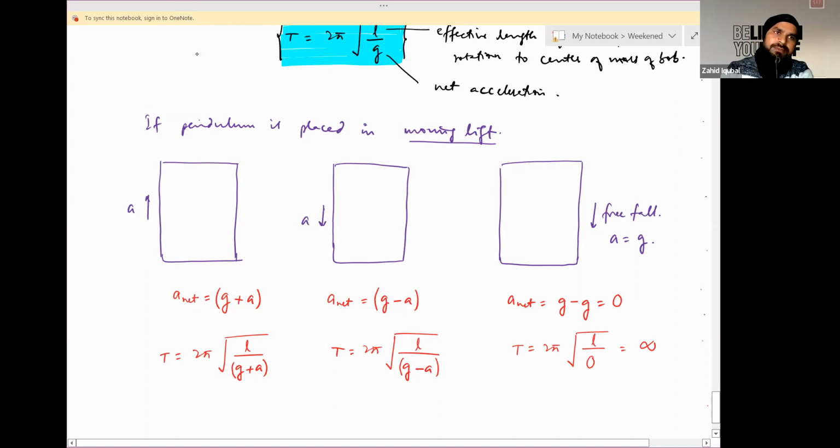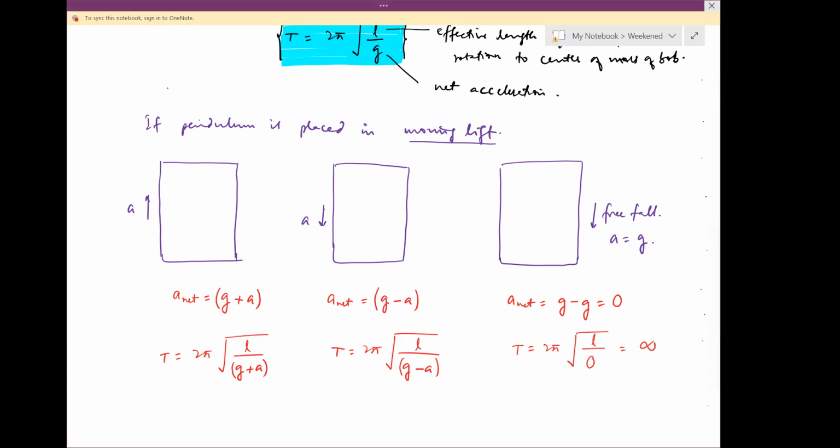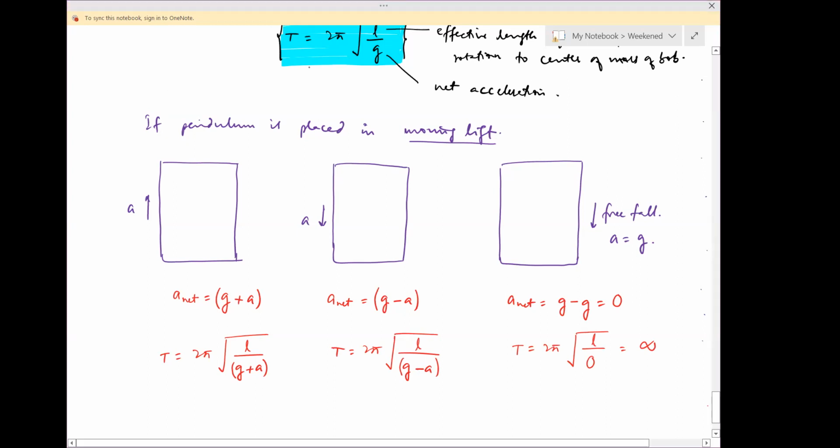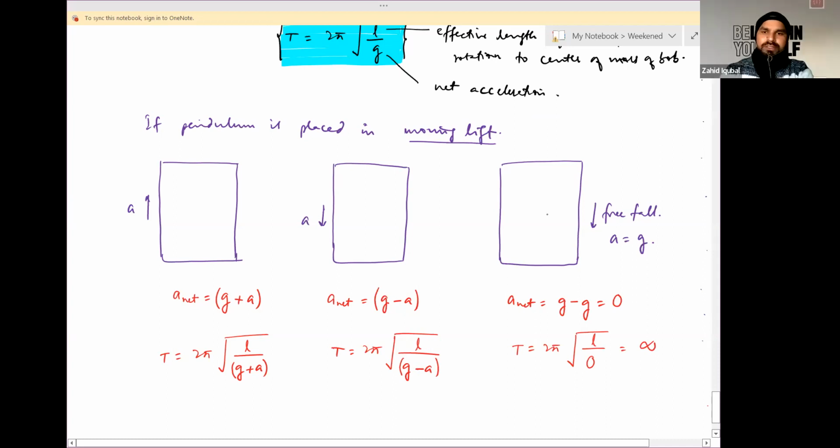Mehreen, is it clear? Yes, sir. Okay, just write it down. These different conditions you will be asked, and on the basis of them you will have to define the time period.